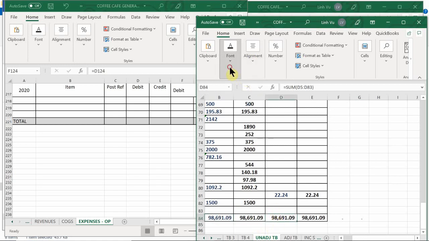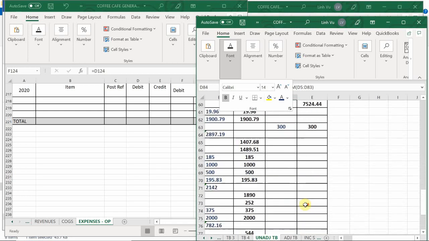For my main accounts, I have a total of 98,691.09 on the debit and 98,691.09 on the credit side, and the same thing for all the accounts on the left side. So they're all equal right now. All right, good.